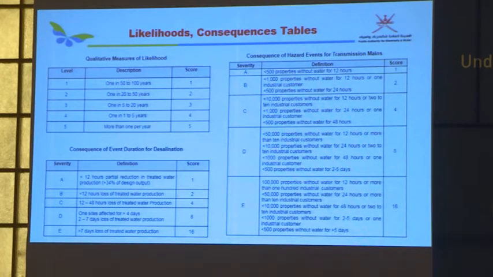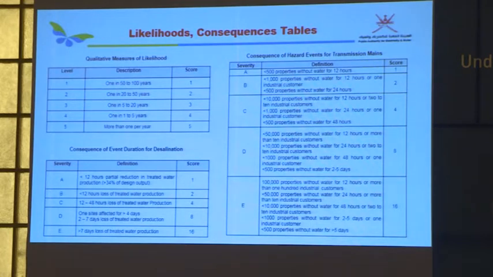We gave it 1 because within 12 hours we can restore the treatment works, the desalination plant, to work. But at the highest severity, people will stay 7 days without water, with loss of water. So we rank it as 16 because it is very high.